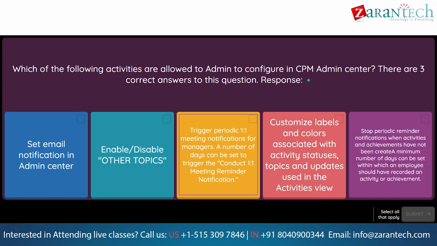A number of days can be set to trigger the conduct 1:1 meeting reminder notification. Option 4 customize labels and colors associated with activity statuses, topics, and updates used in the activities view. Option 5 stop periodic reminder notifications when activities and achievements have not been created. A minimum number of days can be set within which an employee should have recorded an activity or achievement.